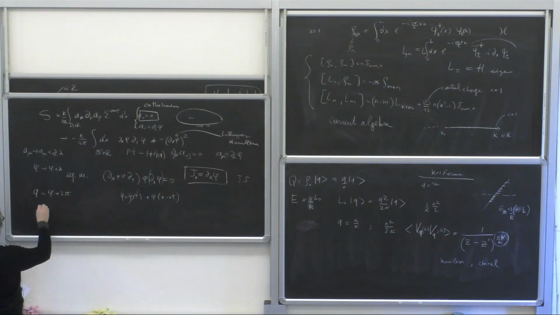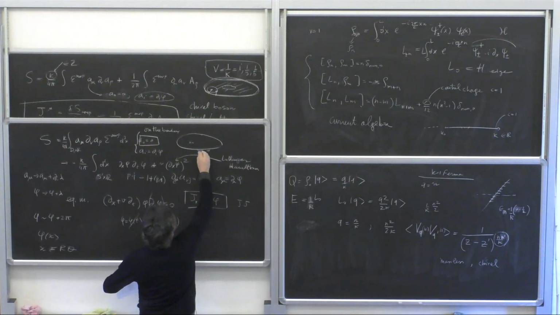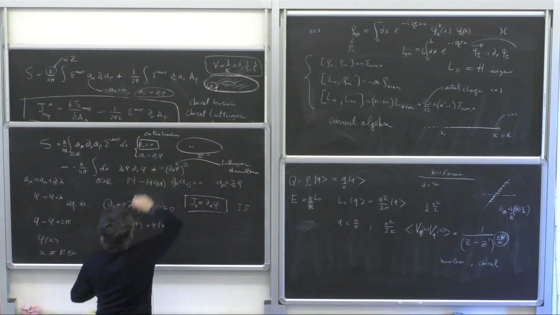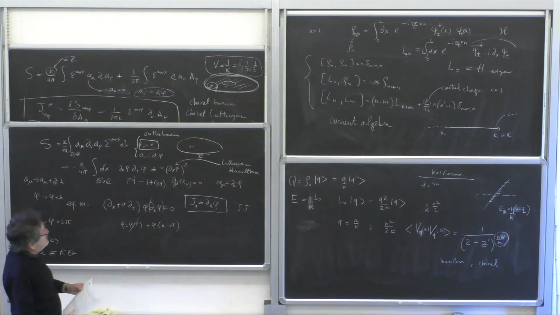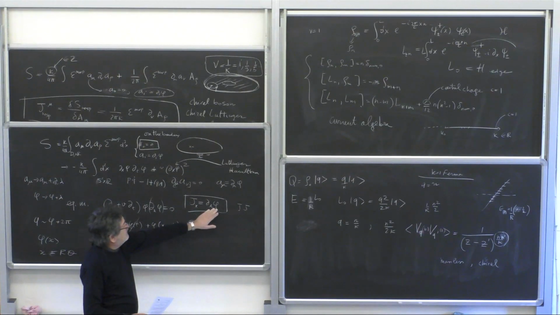So phi is a function of the coordinate of the boundary that I call x, where x is r theta, the angle on the boundary. So phi of x is a periodic function from the boundary to the U1 group, because originally it was a gauge transformation.